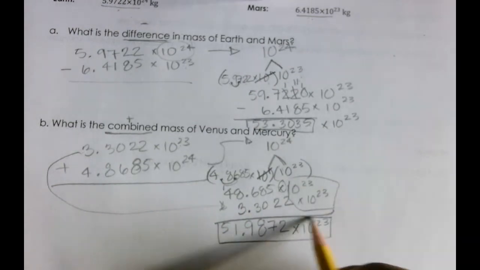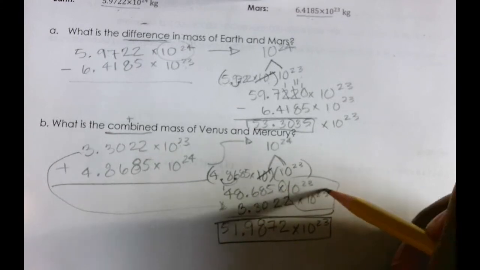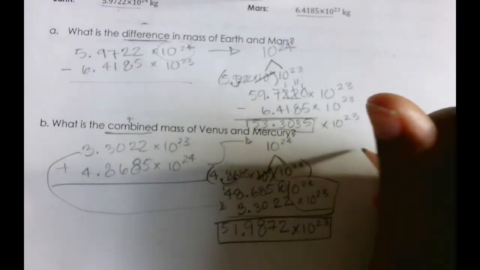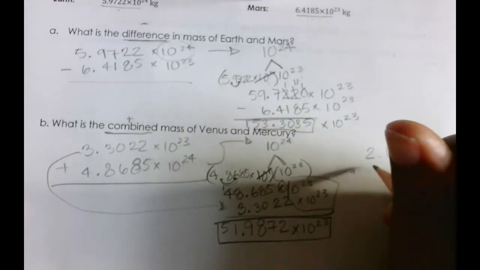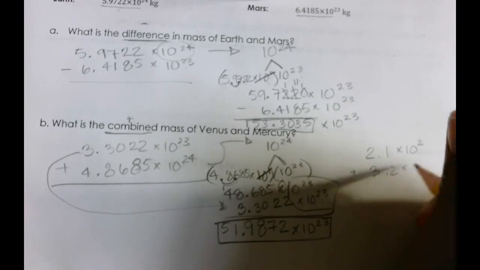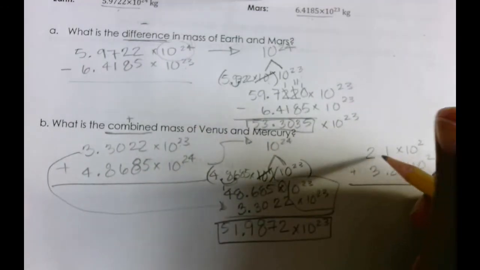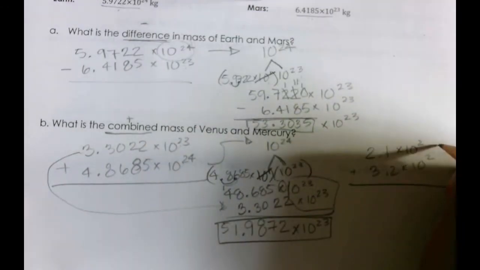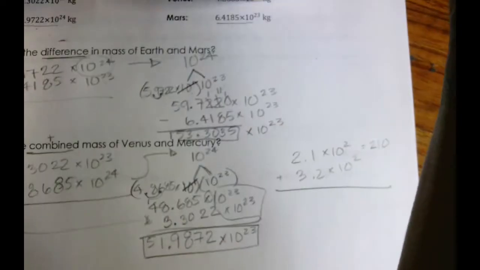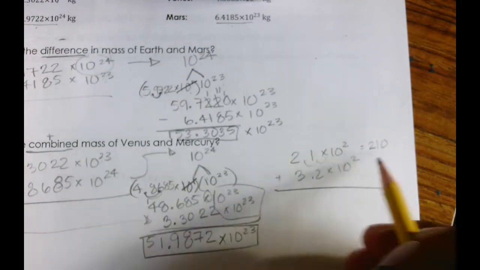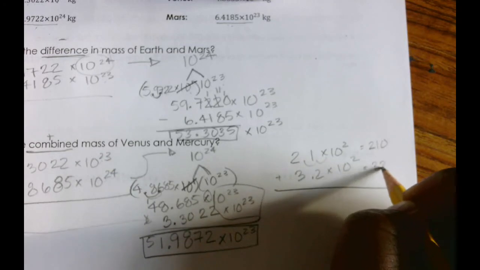This is my answer. So a lot of you may be thinking, why don't we add these or subtract these or divide these? Why don't we do anything with these? So say, for instance, if I had 2.1 times 10 to the second power plus 3.2 times 10 to the second power. What I'm really saying that I have is 2.1 times 100, or 210, because if I move that decimal over twice, I put a 0 in the hole, that's 210. 3.2 times 10 to the second power is the same thing as 320.